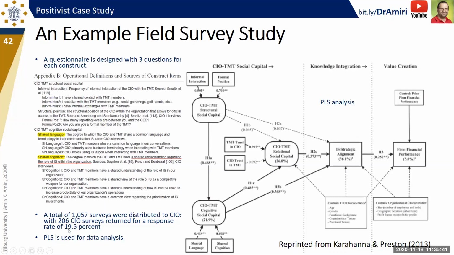So the response rate is around 20%, which is okay in top journals. And then PLS is used for data analysis. This is quite easy to do. Don't think that PLS analysis is quite difficult. And you see that these are supported, and these relationships are not supported. So that's the kind of mentality that you need to have for this kind of studies.